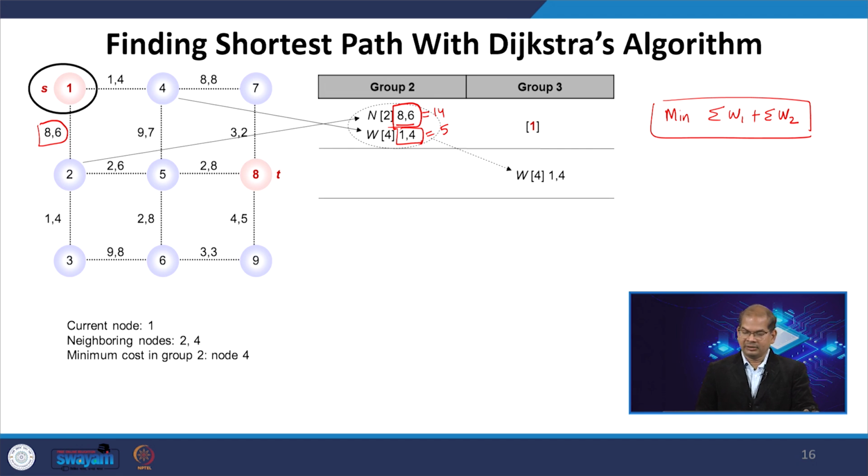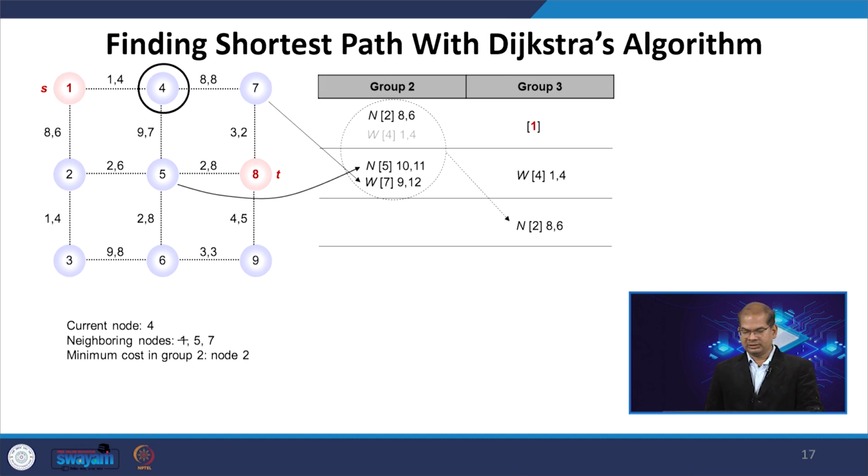So, I will take that to group 3, which is the shortest path from the source node to node 4. Now, I will consider node 4, because node 4 has the shortest path.